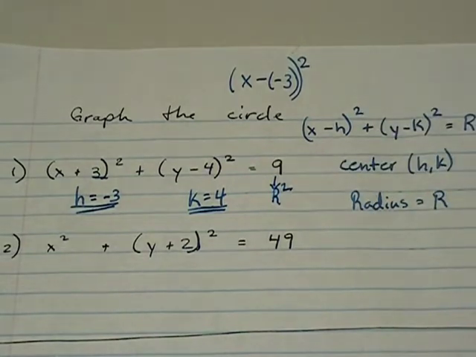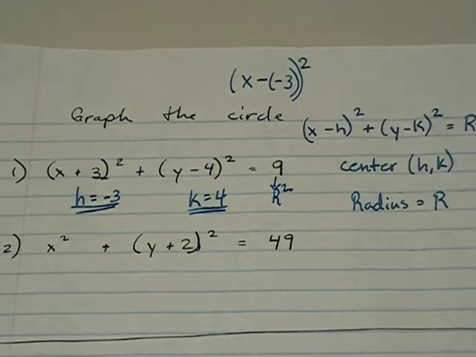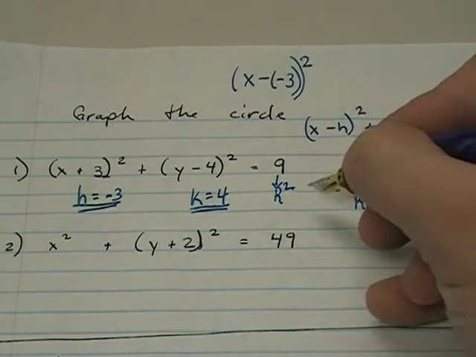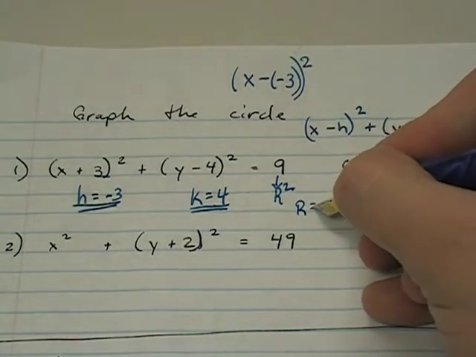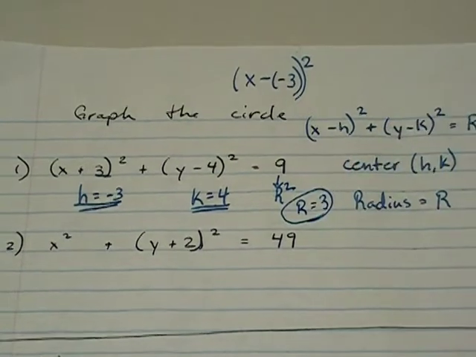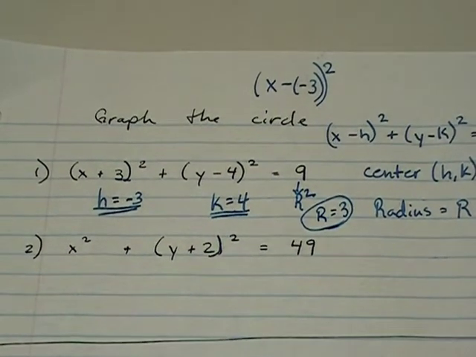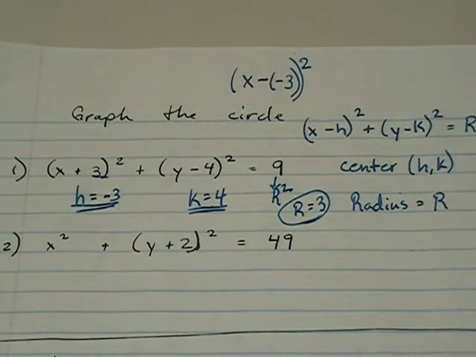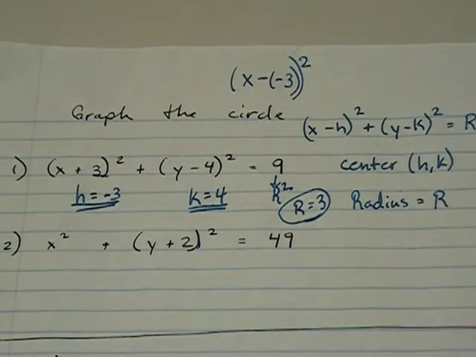Well, I don't want to know r squared, I want to know r. If r squared is 9, take the square root of both sides, r equals 3. So now, what we're saying here is the center is at negative 3 comma 4, and the radius is 3. Now, just a real quick tip.